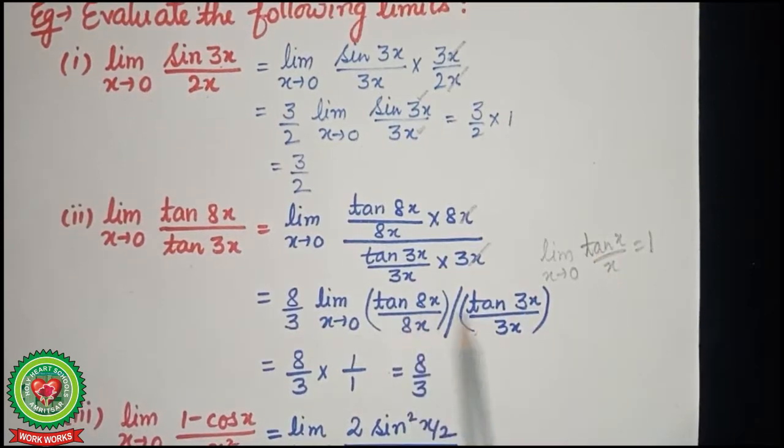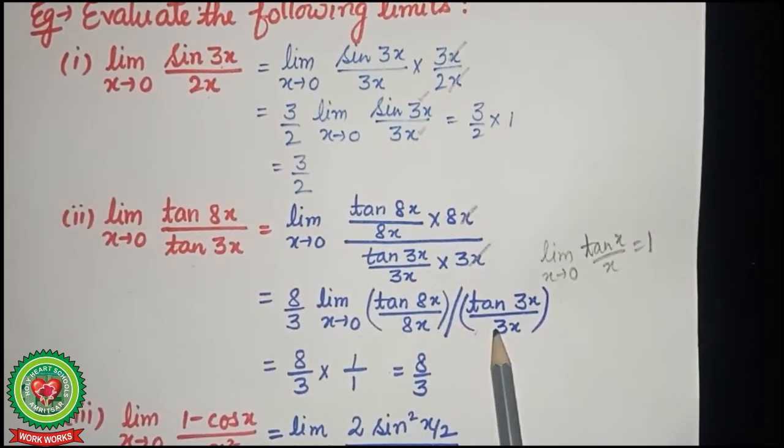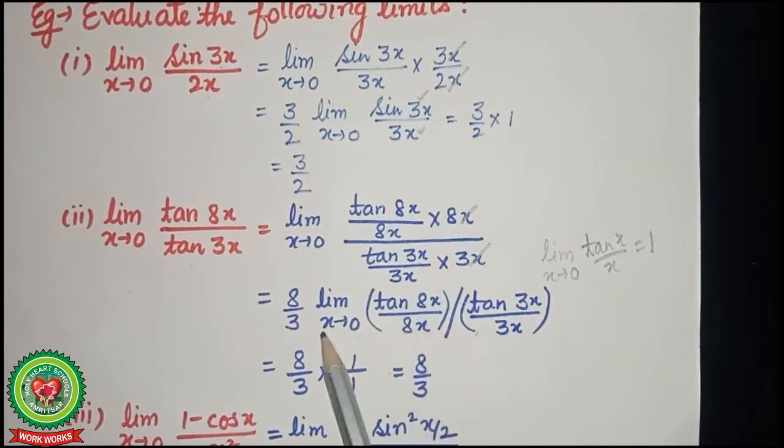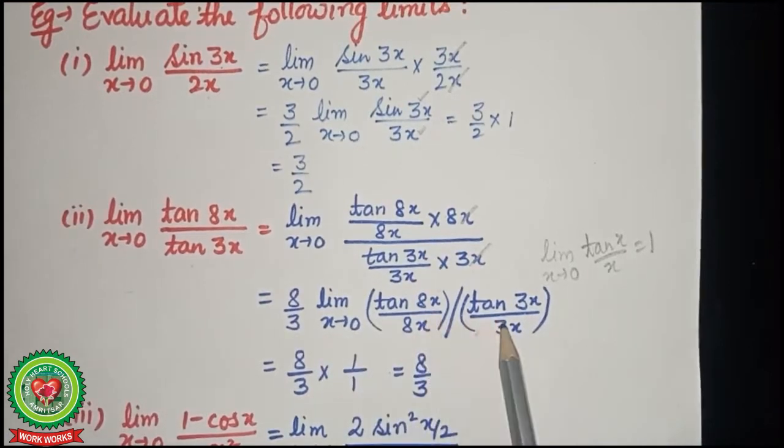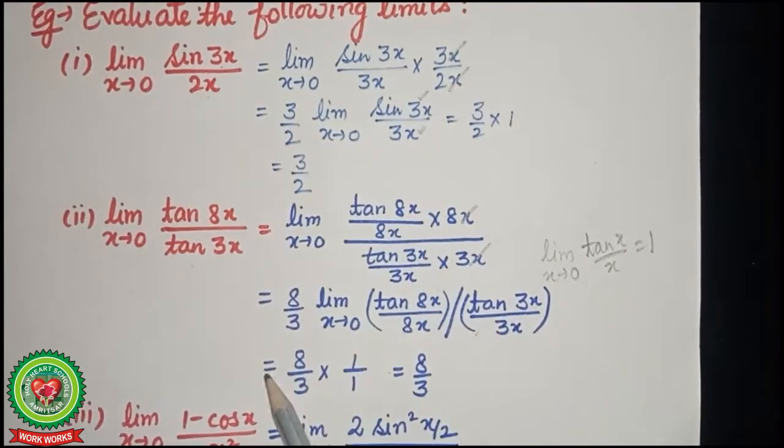So in both cases the limit becomes 1. So 8 upon 3 multiplied by 1 upon 1. So the answer is 8 upon 3.